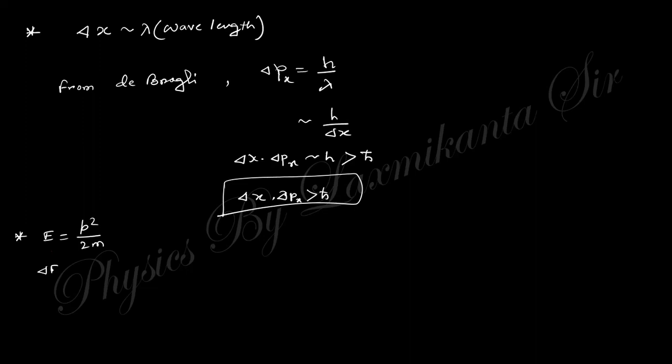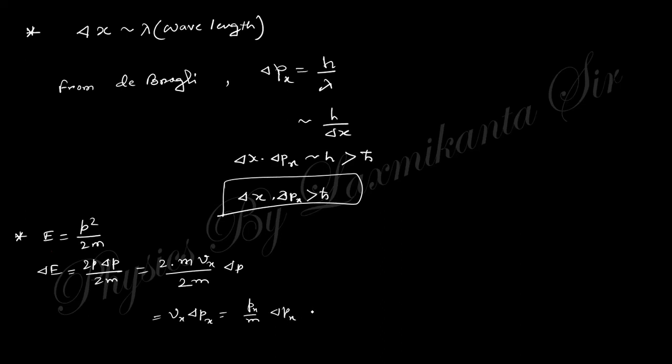So delta E is nothing but 2p delta P by 2m, and you know P is nothing but mv, so you will get Vx delta P. This is the energy, and this Vx is nothing but Px by m, and this is delta Px.